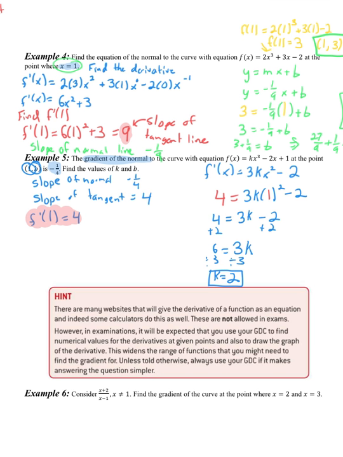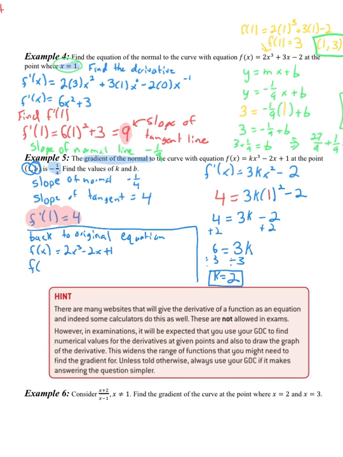So let's see, I'm going to do this. Now back to the original equation. I can plug in 2 for k: 2x cubed minus 2x plus 1.